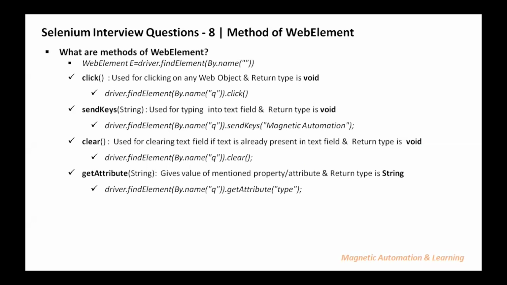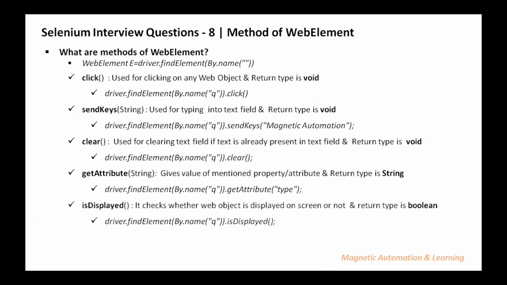Like here you can see I have mentioned get the property type, or get attribute type, of the web object. So the type means whether the object is of checkbox type, radio type, drop down type, or a button. So it will return the type of the object.